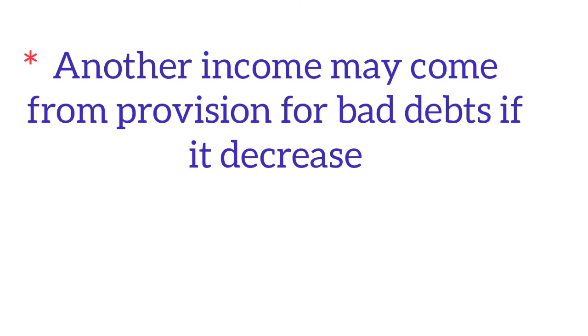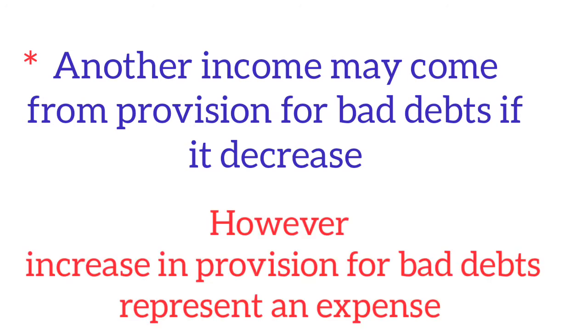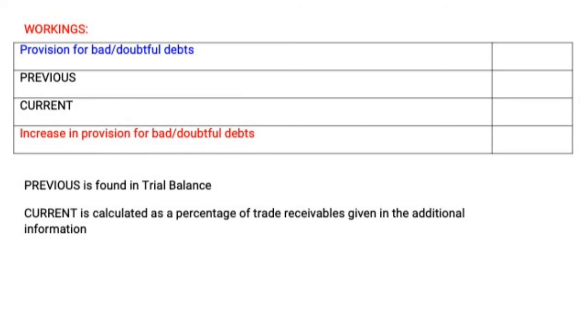Right. Then another item may come from the provision for bad debts. But provision for bad debts may result in an expense or may result in an income, depending on whether or not the provision is increased or decreased. So you prepare a table like this. You write provision for bad debts at the top.